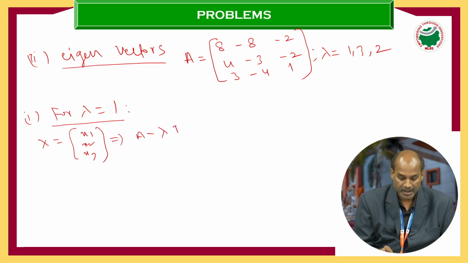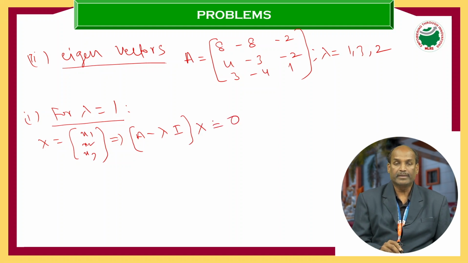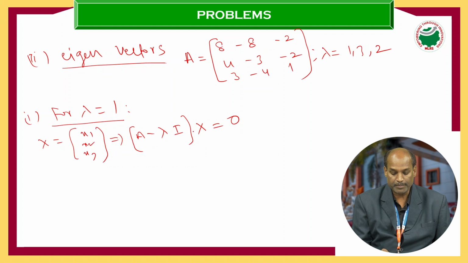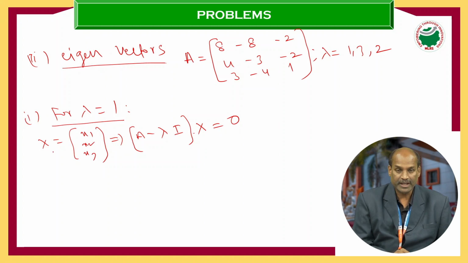(A minus lambda I) into x equals 0. Then only we can say that x is the eigenvector corresponding to lambda for the given matrix A. Now substitute all values here.